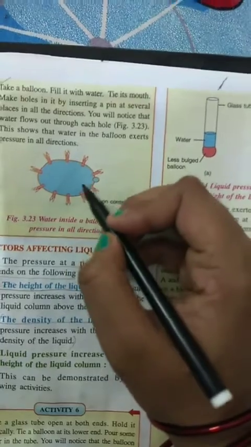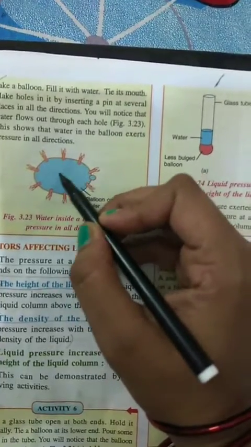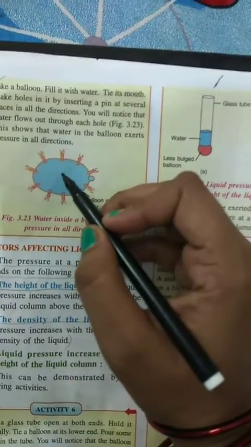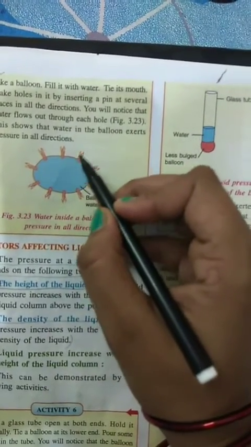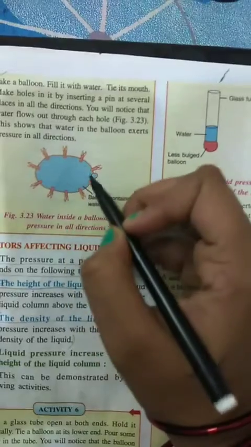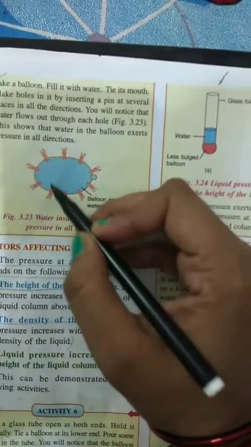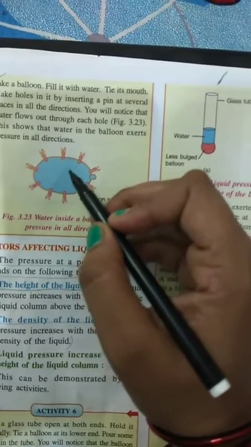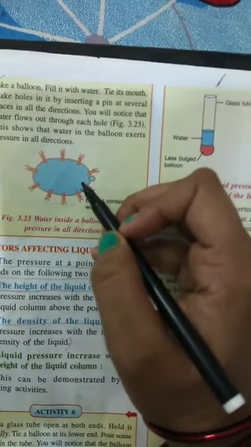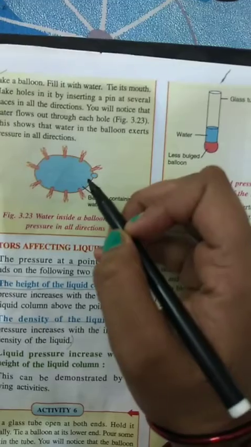It shows that liquid exerts pressure in all directions. You can see the water coming out of the holes from all directions equally. This shows that liquid exerts pressure in all directions of the vessel or the container in which it is kept.